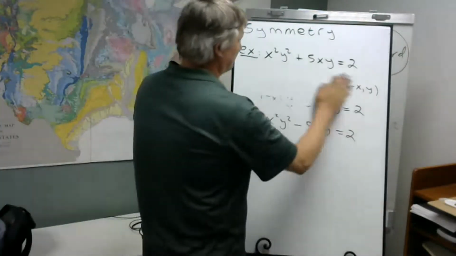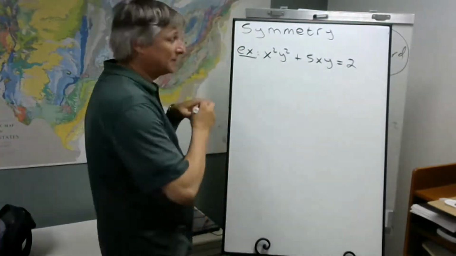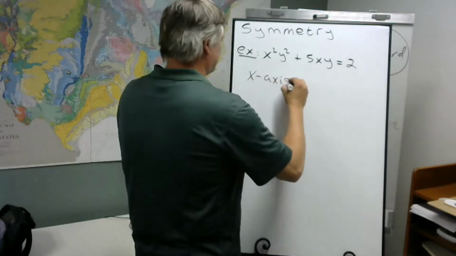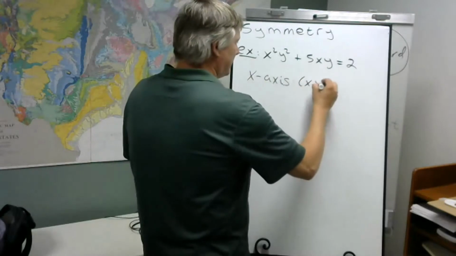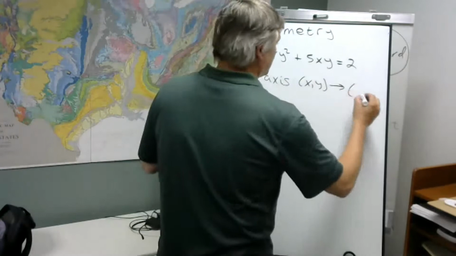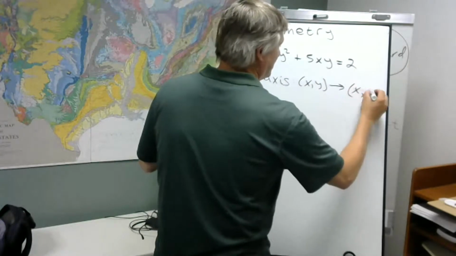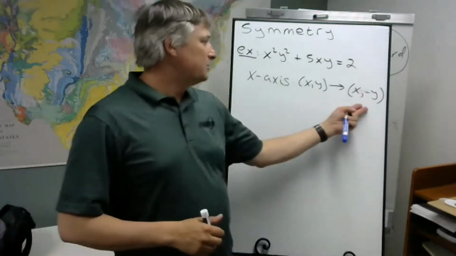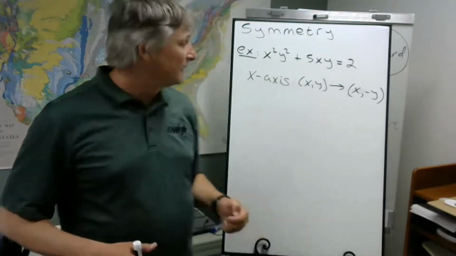All right. So let's try this one. X-axis. With this one again, if (x, y) satisfies the equation, then so should (positive x, negative y). That should also satisfy the equation. And if we substitute this in, we'll simplify. We'll get the same thing we started with.